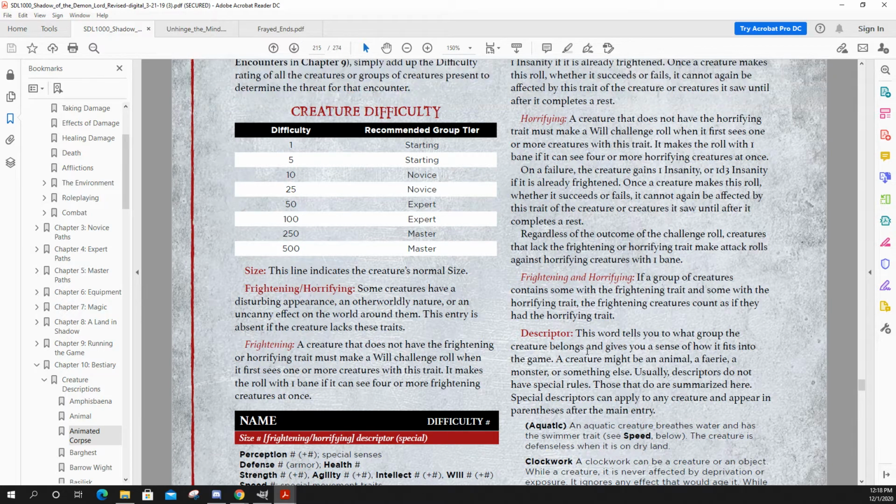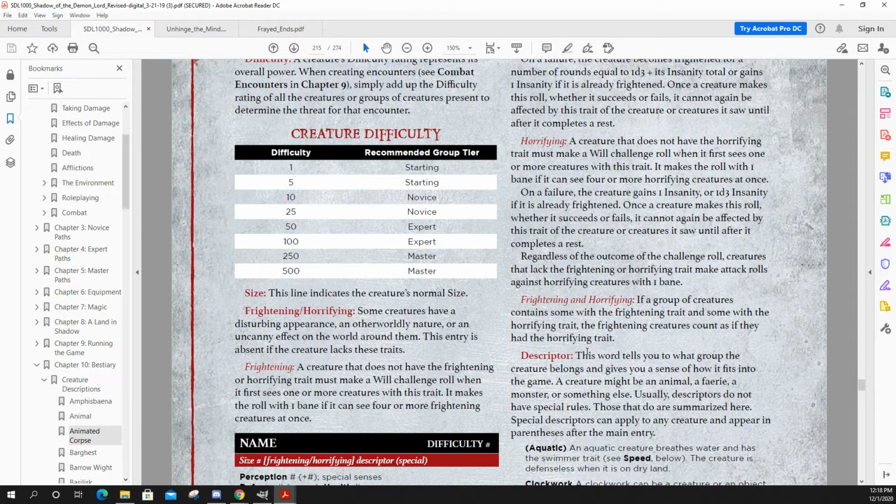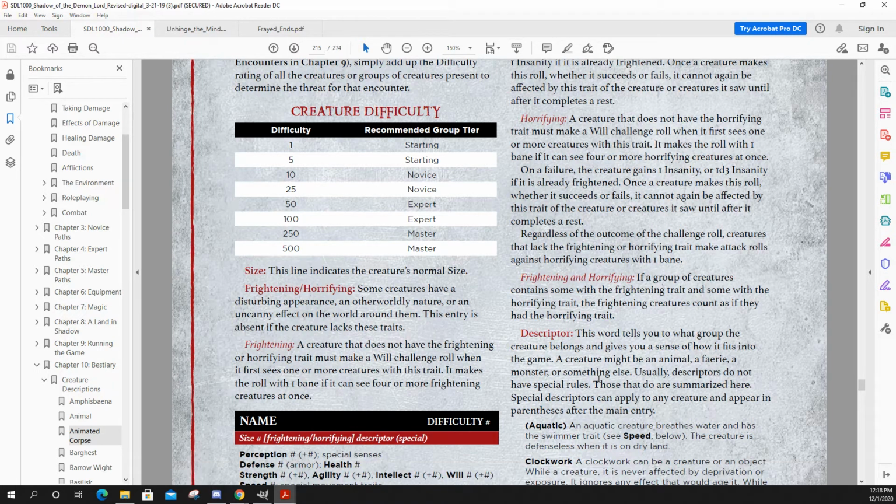So going forward, when I start an encounter, first of all, I'm going to throw a lot more frightening and horrifying creatures in encounters out there. Not only creatures, but also just situations that are frightening or horrifying. But let's just talk about creatures for a second.